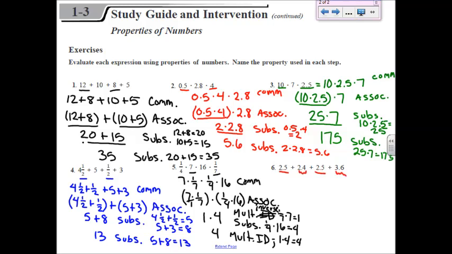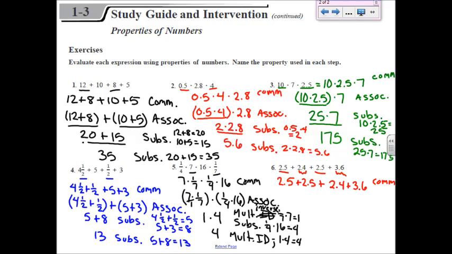I'm going to put the two things with 0.5 next to each other because they're going to add up to make something that's a whole number. And then I'm going to put the things with the 0.4 and the 0.6 next to each other because they will add up to be a whole. And that's the commutative property.